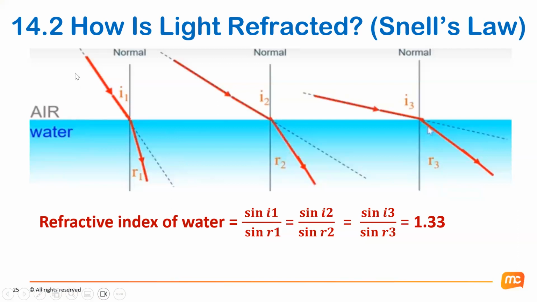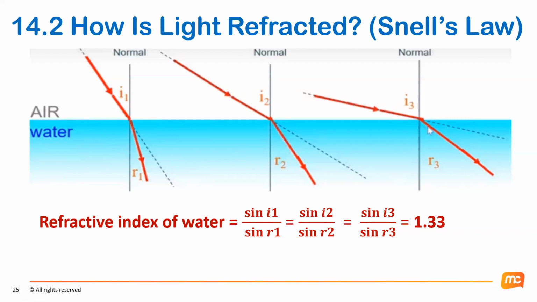I have a light ray moving from air to water. We know that water is optically denser, so the light ray will bend towards the normal. I have 3 different light rays shining at different angles, and all of them bend towards the normal.